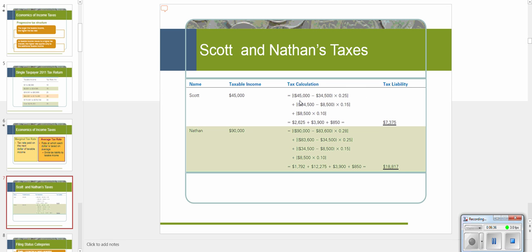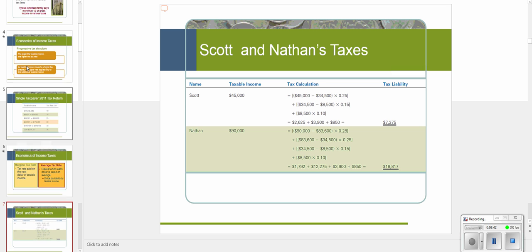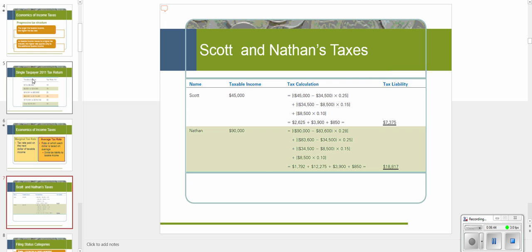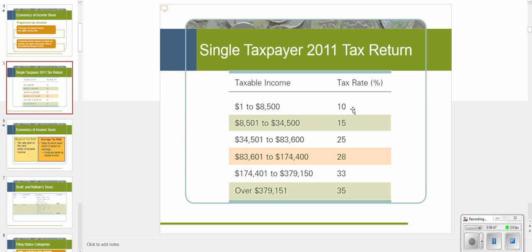So let me back up. Okay, we've got to break it down into these levels. And the levels are 8,500 for the first 10%, 85.01 to 34.5 you pay 15%, and from 34.5 to 83.6 you pay 25. He made 45,000. So this is going to be our top bracket.